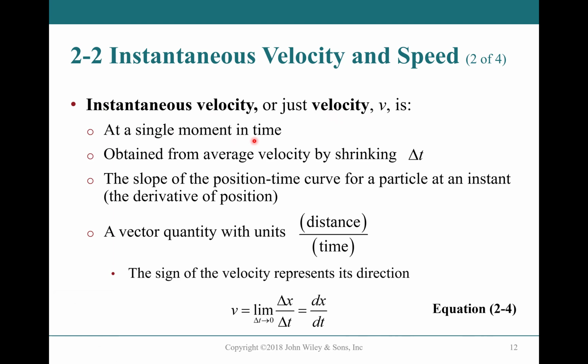That is because that velocity will change over time. If you hit the brakes, then the reading will change. The moment you are doing the reading, that is your instantaneous velocity. So how do we get instantaneous velocity? It is obtained from average velocity by shrinking delta t.